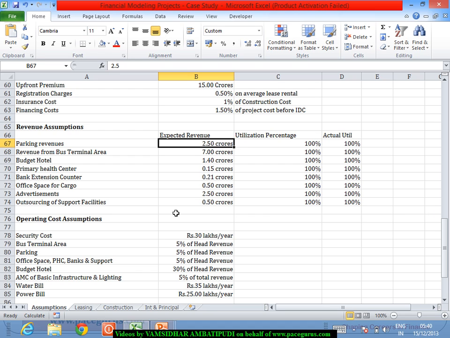All these inputs could have gone in to arrive at that 2.5 crores itself.